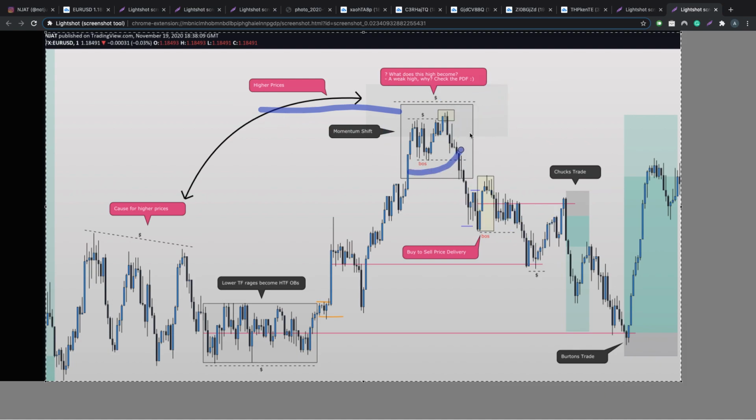And again, momentum shift. I was saying to Burton, of the amount of courses that we've taken in the past, we've received some sort of PDF or something that we need to maybe print out and go over. And then we would not see any of that repeated in the market, or rarely see it repeated in the market.